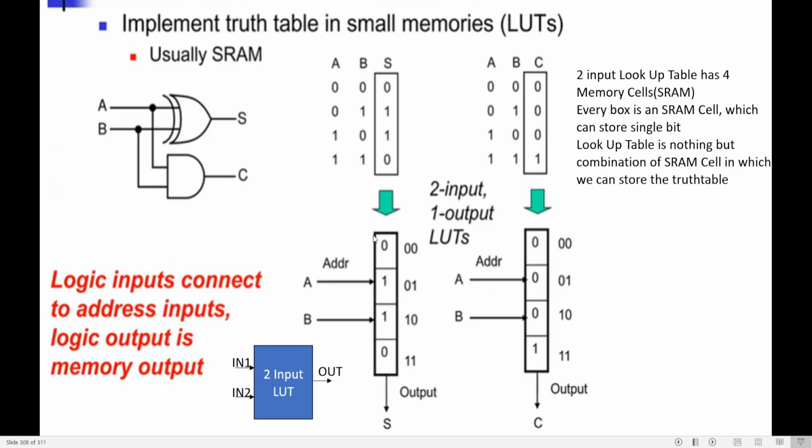What is a LUT? A LUT is a combination of memory cells. These are all static RAM cells, SRAM cells, which can store 1 bit of information. In this case, we should always store the truth table output in the memory cells. The input of the truth table should be connected to the address lines. Clear?